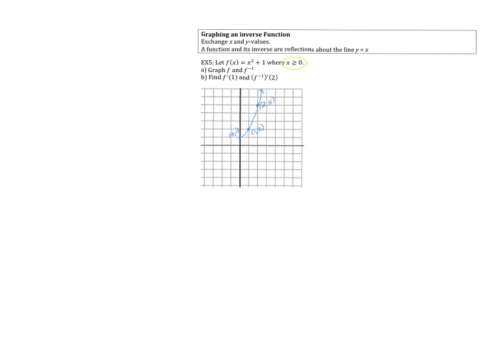So to graph the inverse function, I exchange x's and y's. So my inverse function is going to go through 1, 0, 2, 1, and 5, 2. So this is the inverse, and this is my function.